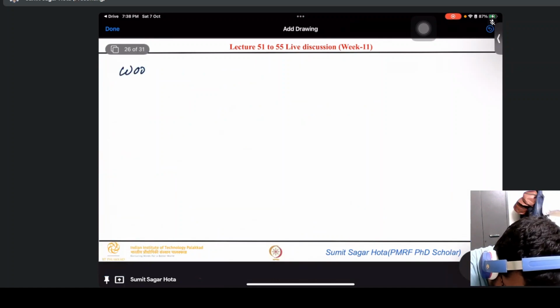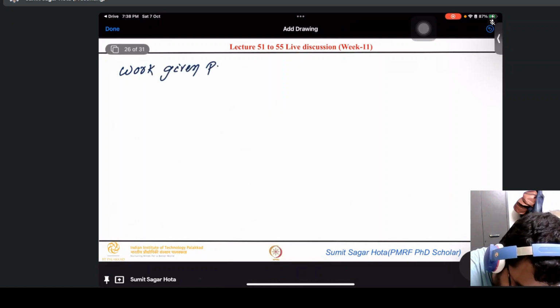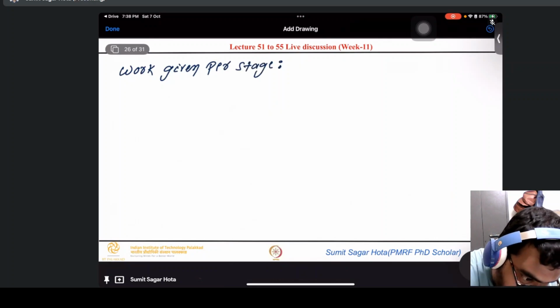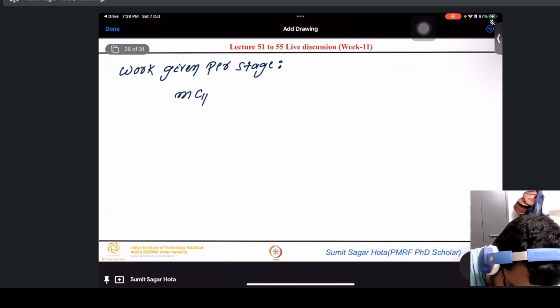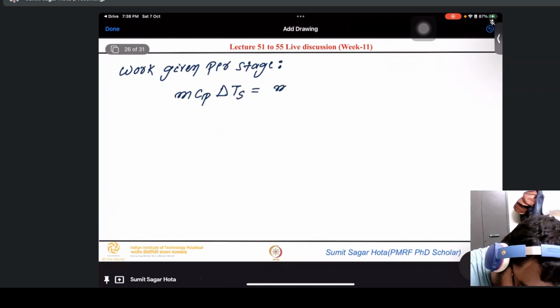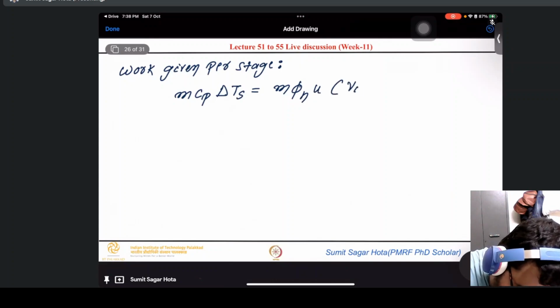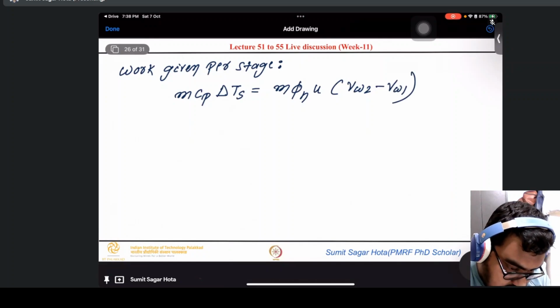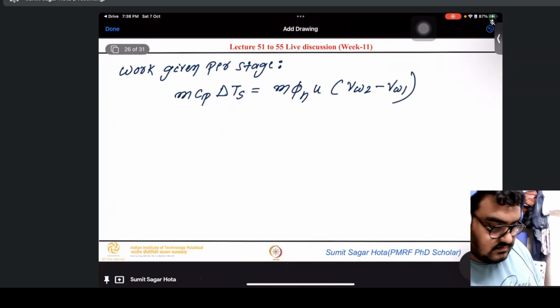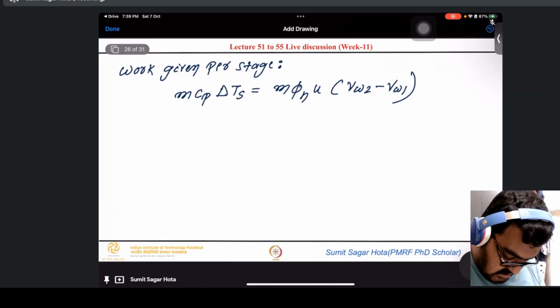Work done per stage. m Cp delta Ts is equal to m phi h U into Vw2 minus Vw1. So what is delta Ts?